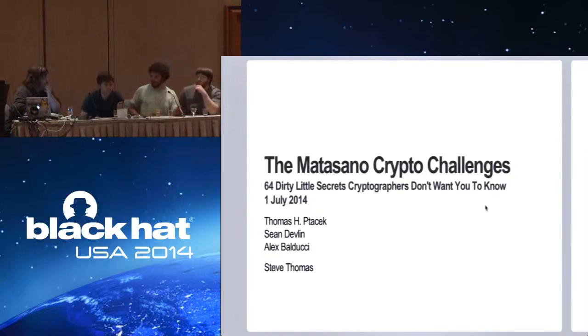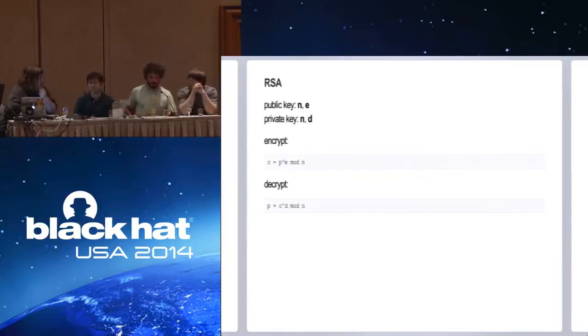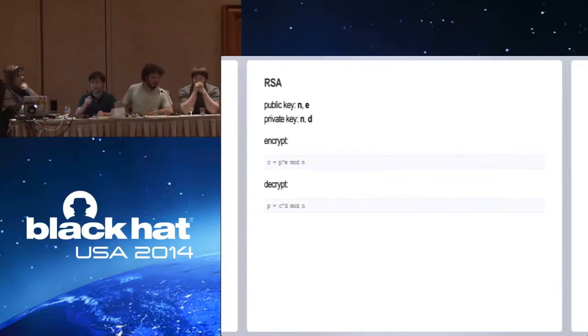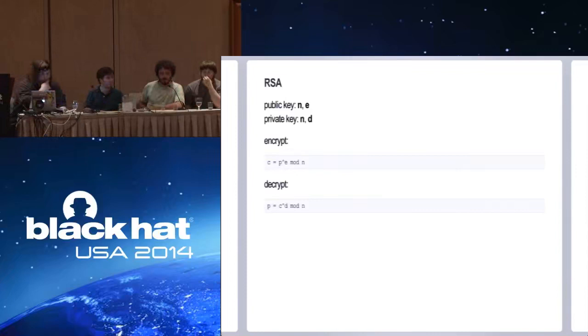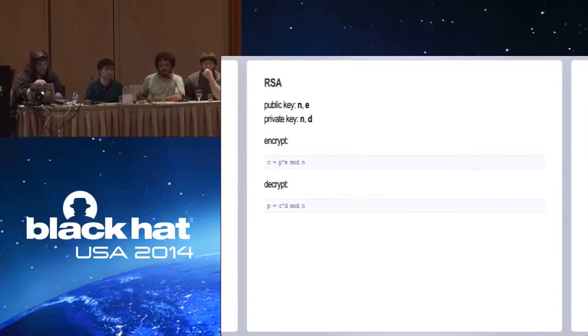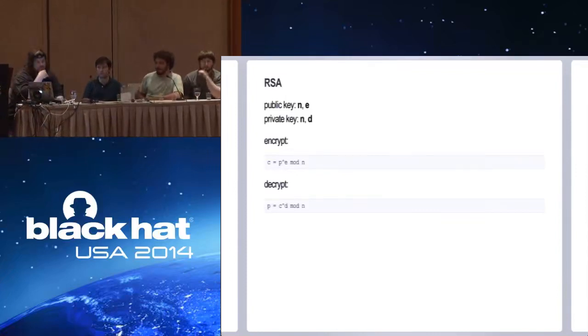Thanks for coming, guys. Let's just get started here. We're going to go over a quick problem, and I'm going to describe RSA really quick if you don't know it. Each party in RSA has a public key and a private key. The public key, these are all integers, is a modulus n and a public exponent e.